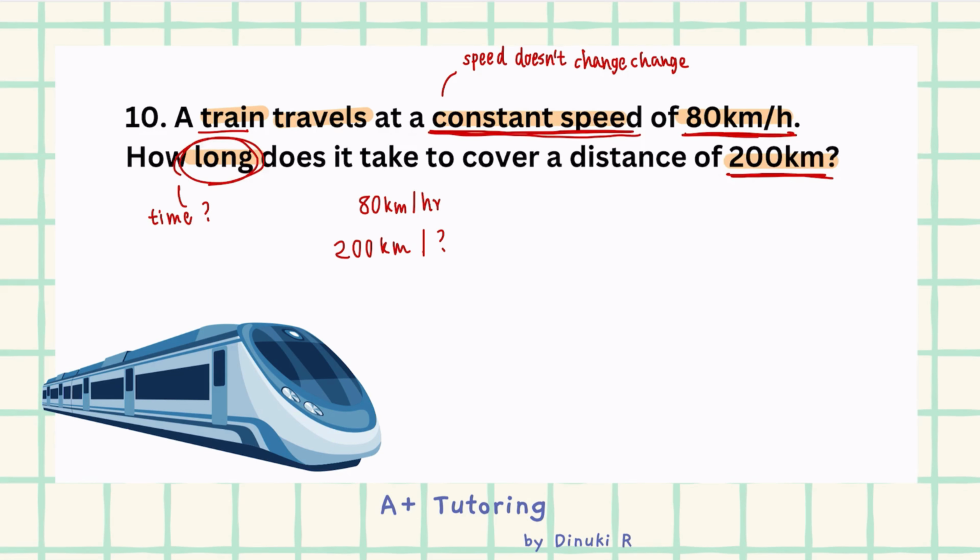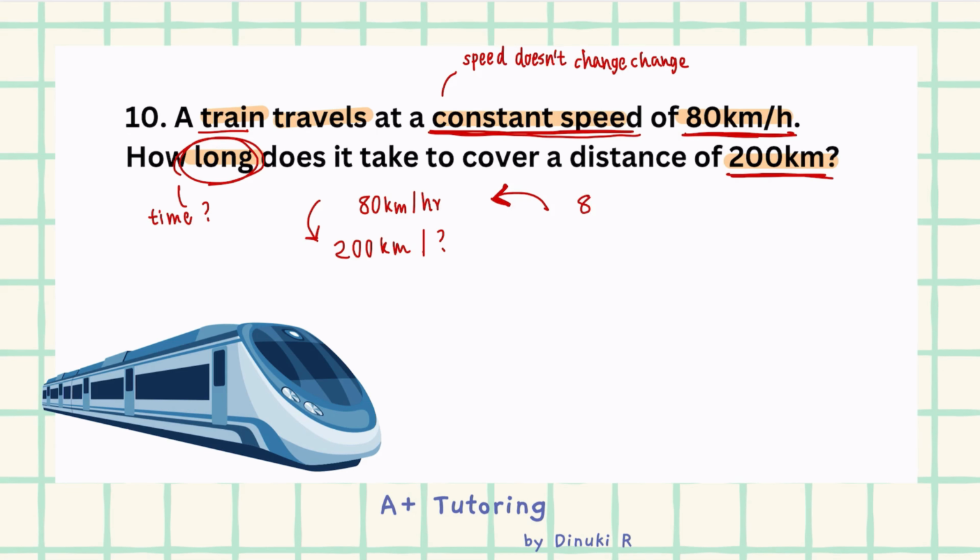So sometimes it might not be easy to go straight to, what do I need to multiply 80 by to get to 200? So in that case, we can change what we're working with here to something that we can manipulate a bit better.